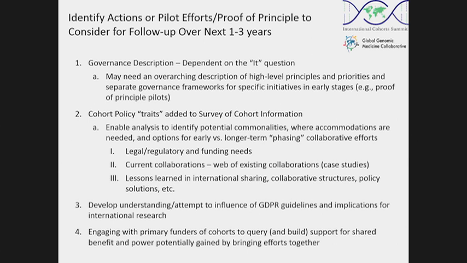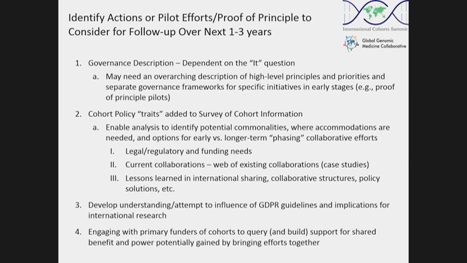Third was more granular, thinking very specifically about things on the horizon in the policy arena. So understanding what the GDPR rule is actually going to look like and what the guidance that's forthcoming is going to mean for international collaboration on this scale, or any scale, I think is a big question for all of us.